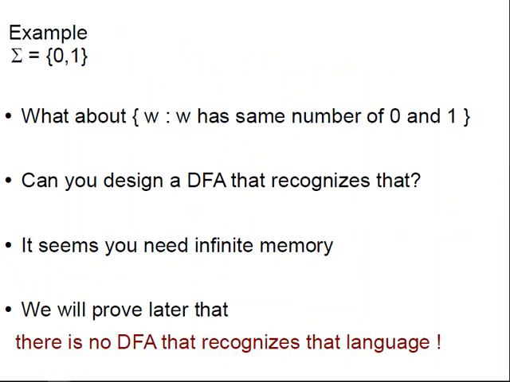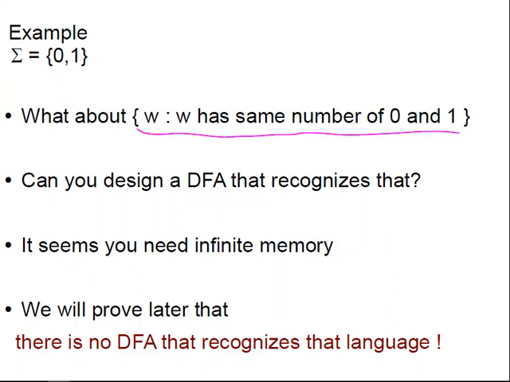Let's do another example. Let's think again about the alphabet 0, 1. What about the language of strings which have the same number of zeros and ones? Can you design a DFA that recognizes that? Well, it seems that you will need infinite memory for that.